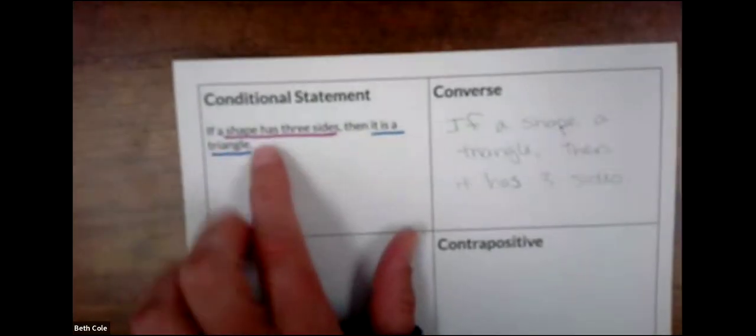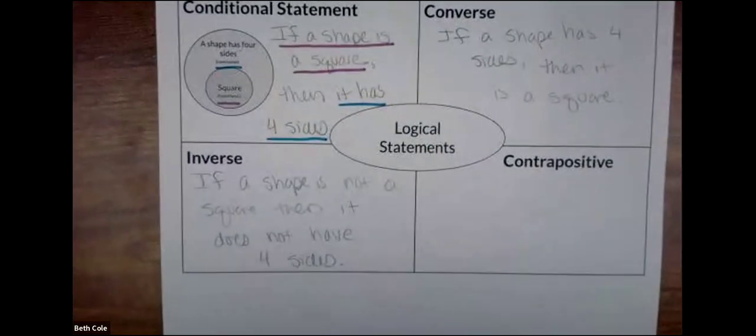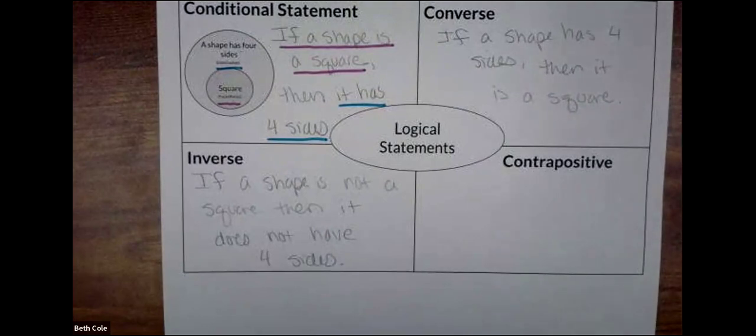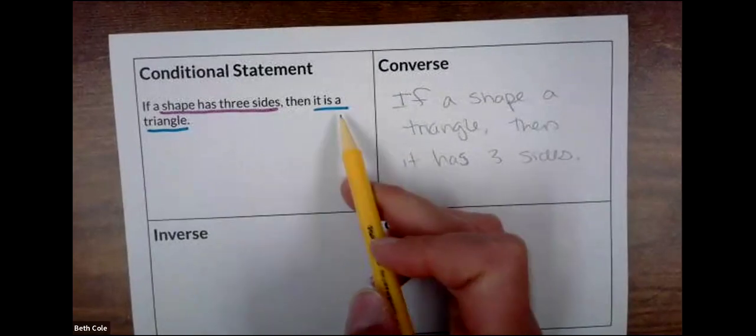So let's do the inverse for our triangle one. Again, if a shape has three sides, then it is a triangle.